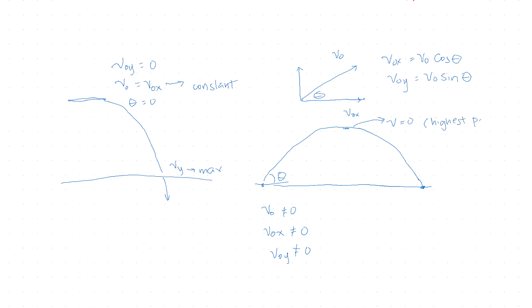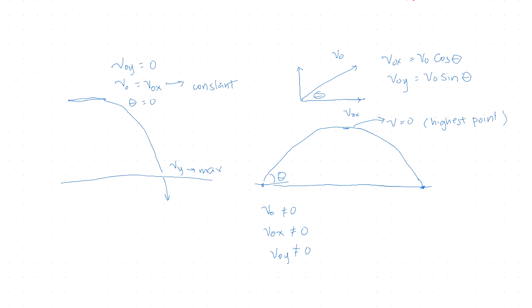Bago siya tumigil, pagkatapos niya tumigil, di ba, babalik siya papunta sa ground since nag-accelerate siya ng negative 9.8 meters per square second. So pagtigil niya dito, ang mangyayari dun sa velocity natin on the y-axis, it will start to increase in magnitude.